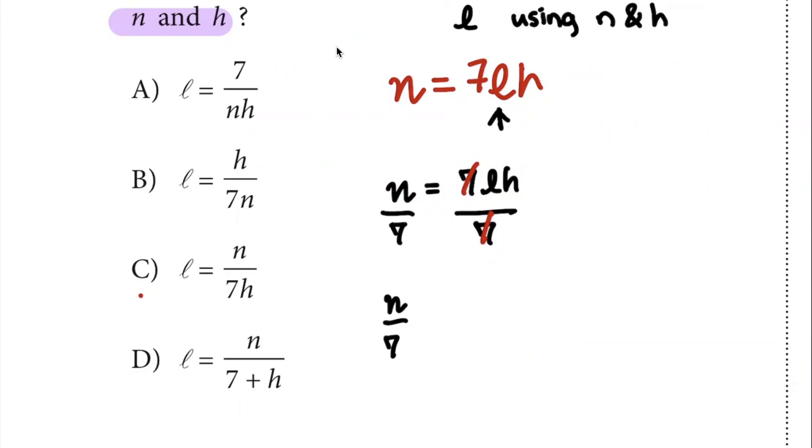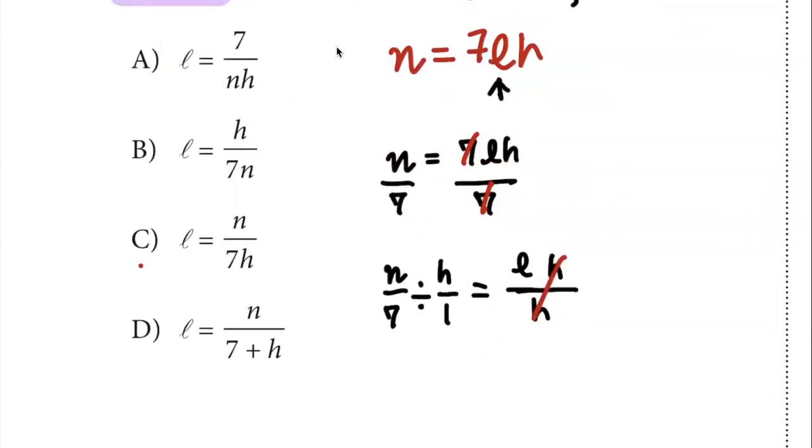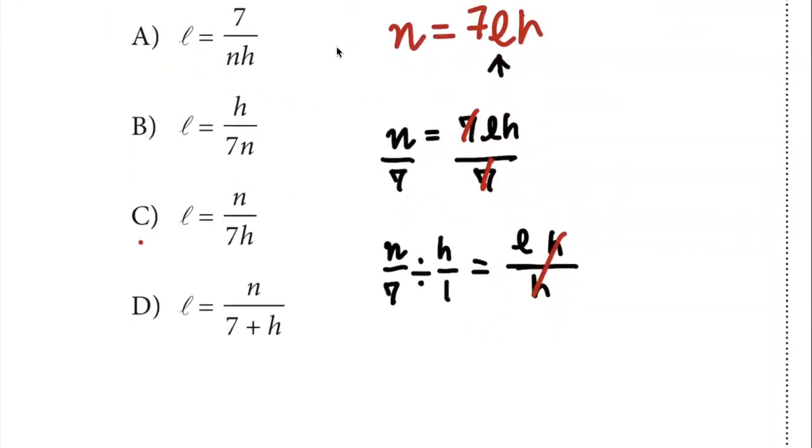So, I mean, you can write it that way. And of course this right here, since you take the reciprocal and multiply them together, it's going to be that.